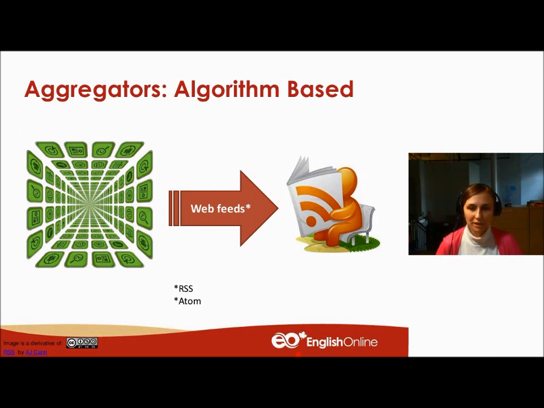Most commonly, when people talk about web syndication, they mention web feeds. And a web feed is a file that contains certain information, for example, the headline, the summary, some metadata, and aggregators, tools or websites that have a certain algorithm, can collect these web feeds and show them on one web page.